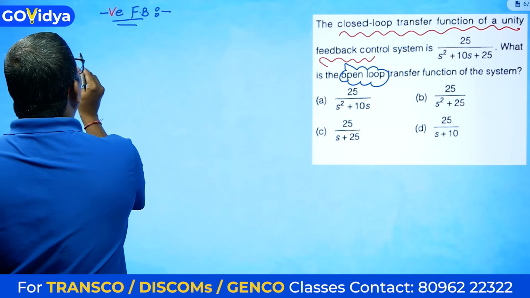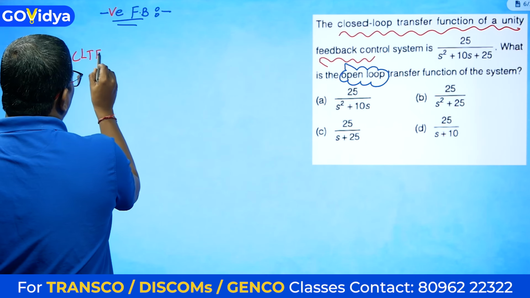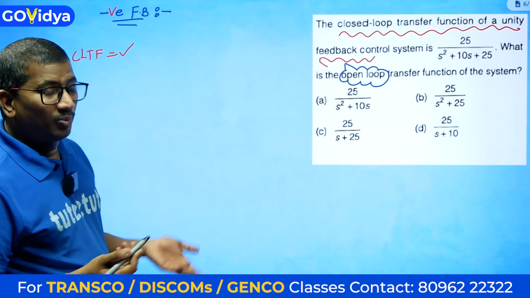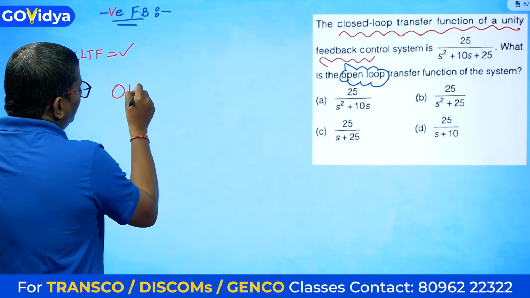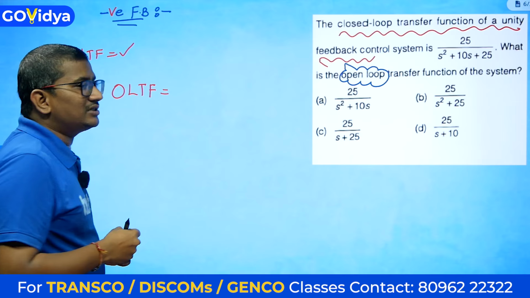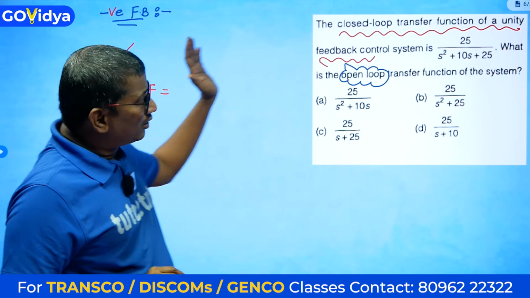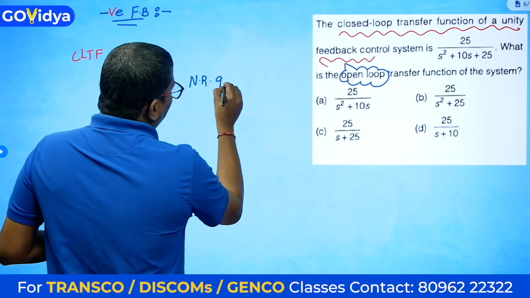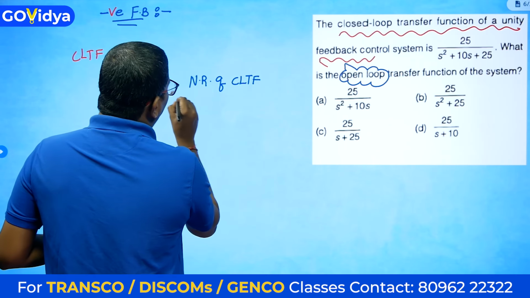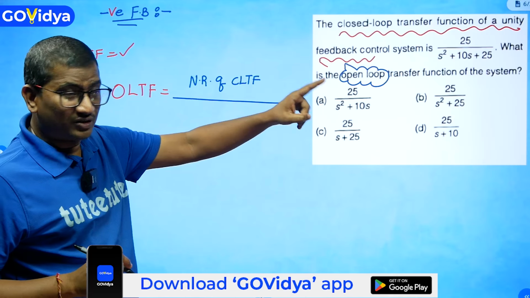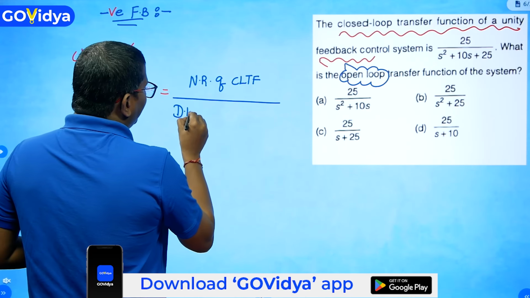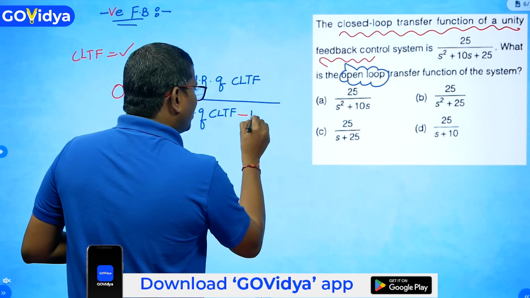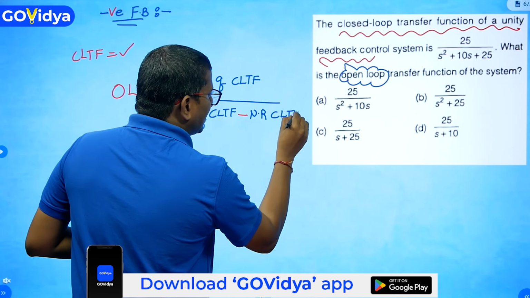Whenever you have a closed loop transfer function, CLTF, but you want to represent it as the open loop transfer function: the numerator of CLTF divided by denominator of CLTF minus numerator of CLTF.